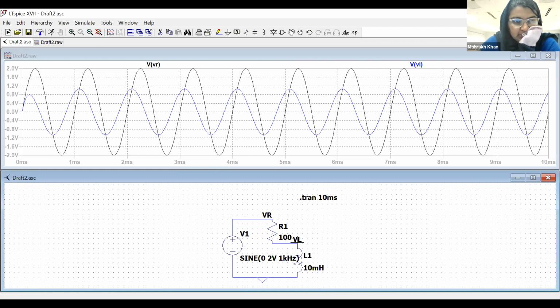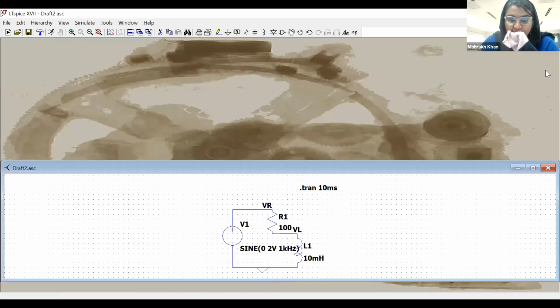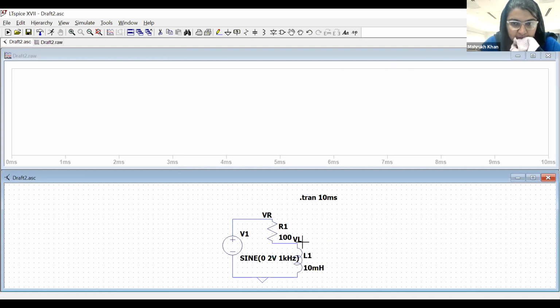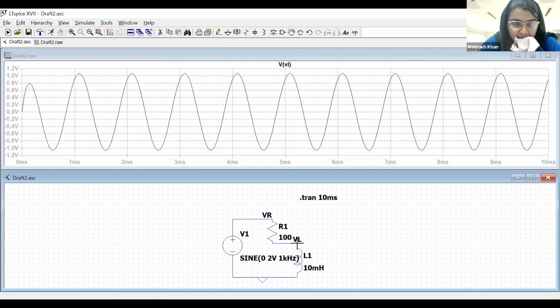And this is almost 1 volts, right? So voltage across resistor will be VL minus V1, okay? But I want to see first voltage across inductor and current across inductor. We want to see that they are 90-degree phase difference or not, okay? Let's see that first.